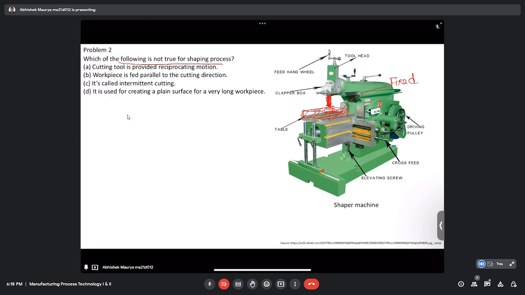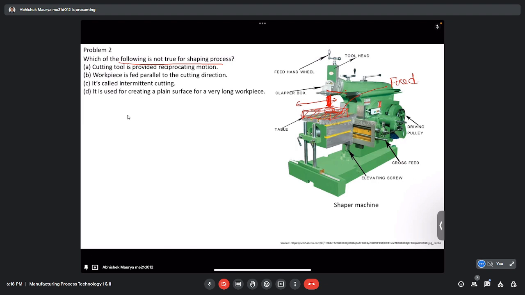This tool reciprocates front and back, and at the same time we are giving a feed motion to the tool, like in this direction. After each pass, we are giving some feed to the tool so that we are able to get a flat surface over the whole workpiece.